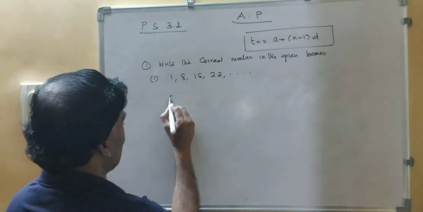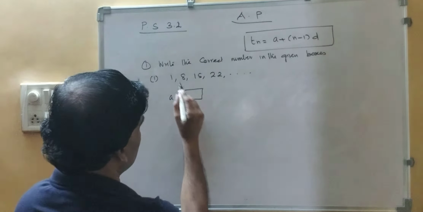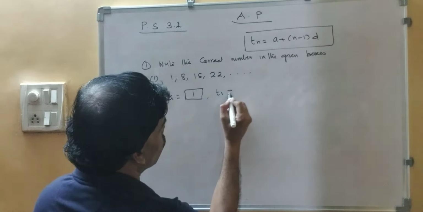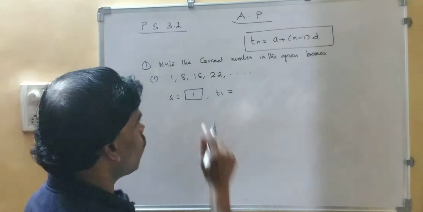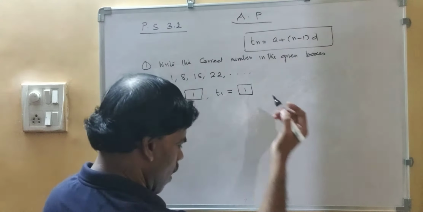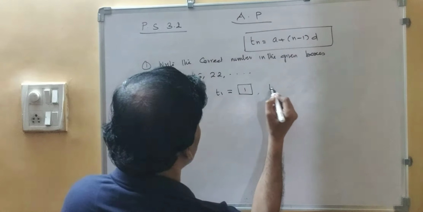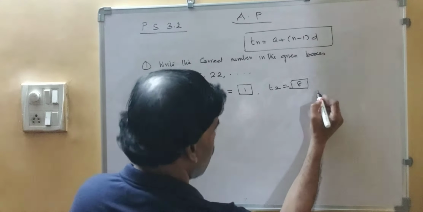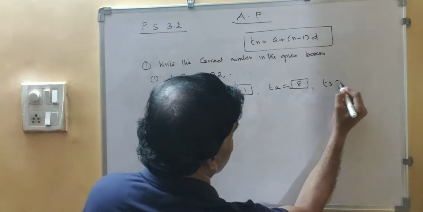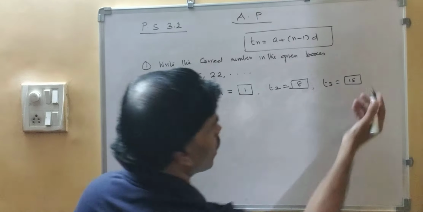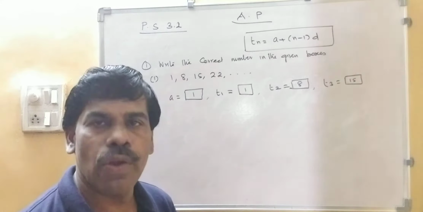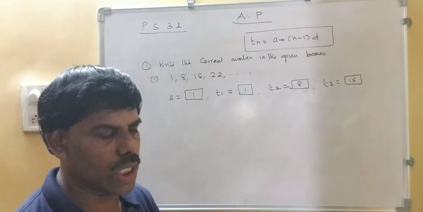Now, what is A here? You tell me. What is A, the first term? 1. So, the first term is also called term 1. So, what is T1? 1. What is T2? 8. What is T3? 15. This sum is given to see whether you are able to find out the first term, second term, third term and all.